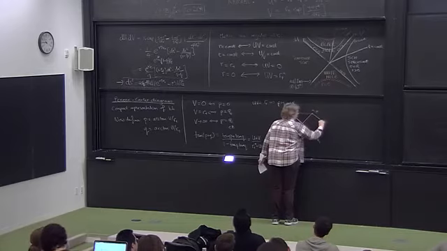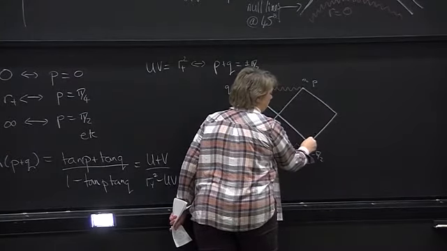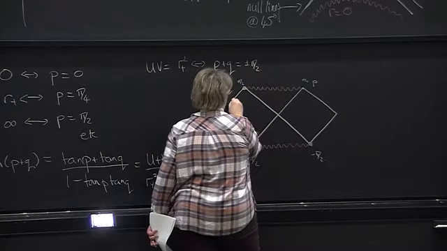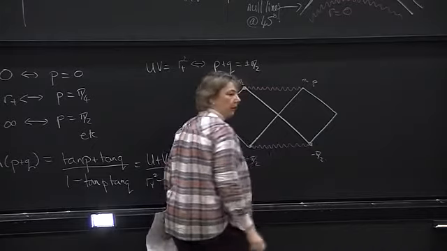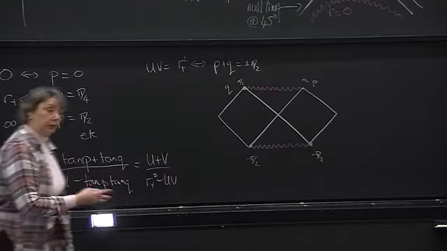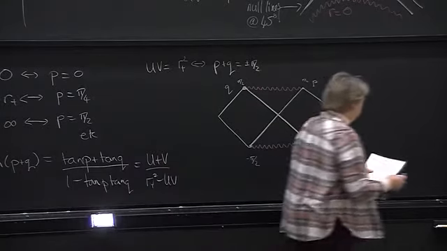So p can run up to pi on 2, and q starts at minus pi on 2. And over here, q can run to pi on 2, and p starts at minus pi on 2. So this is now the full range of our space-time coordinates, where we've shrunk them down, or compactified, onto a finite range.